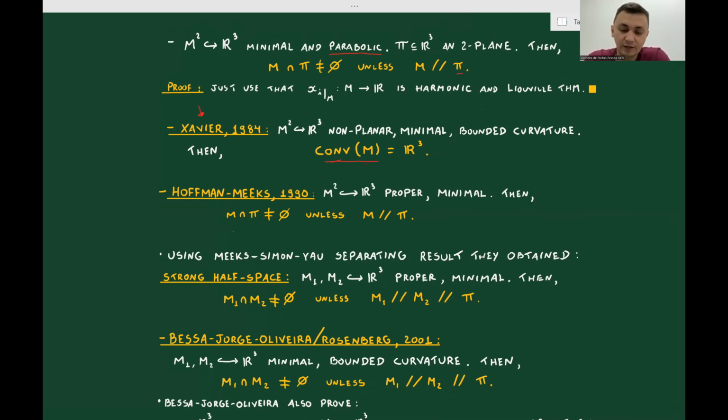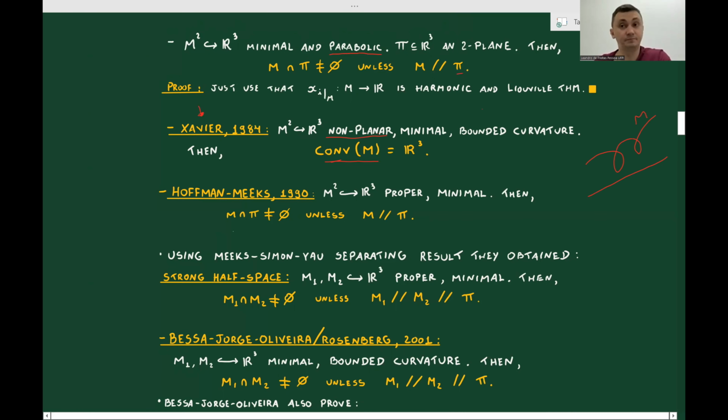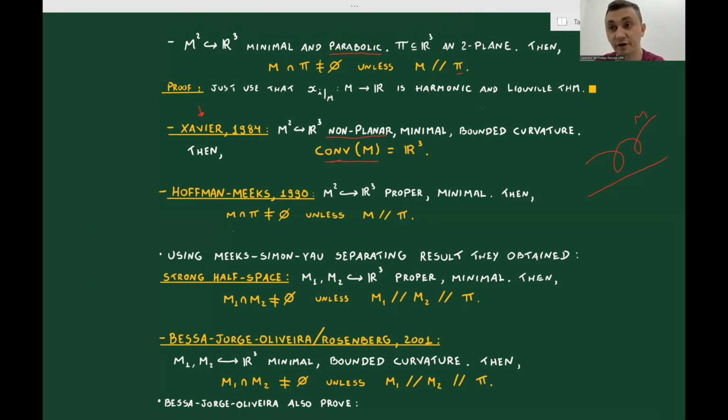So what we can deduce from this result is, if we pick a plane, so we define a half-space here, which is a convex subset of R3, we cannot have a minimal surface in here with bounded curvature, non-planar, because of this convex hull theorem due to Xavier.